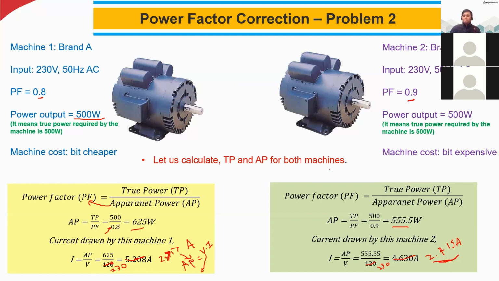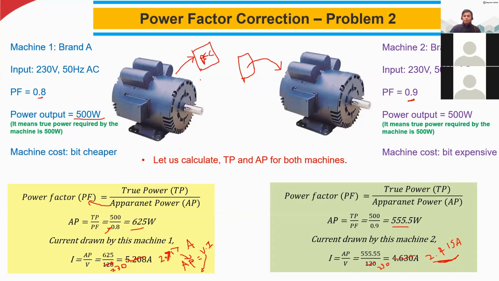So when you choose a machine, better buy the machine with a higher power factor, or you have to use some kind of power factor correction circuit or external device connected to the machine. If you use this one, then you have to use power factor correction. That is going to cost extra money for you.